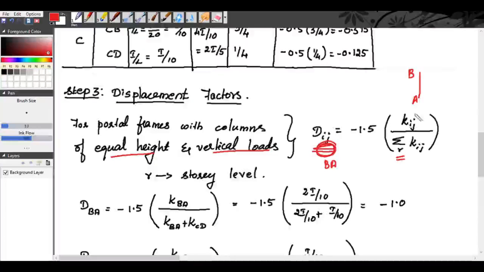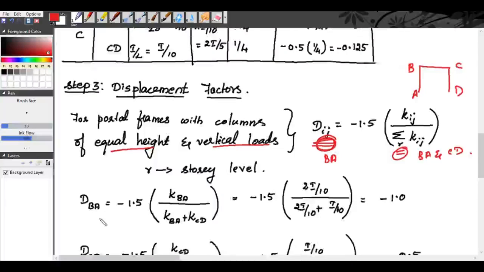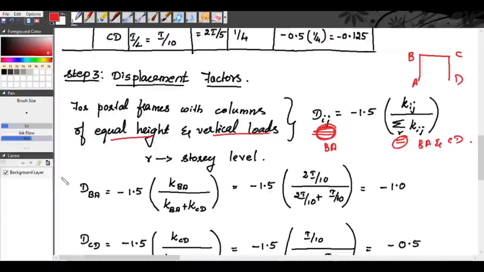Sigma here is the summation over the columns, that is BA and CD. So displacement factor DBA will be equal to DAB. Both are same. Minus 1.5 into KBA divided by the summation of the stiffness of the columns, KBA plus KCD.